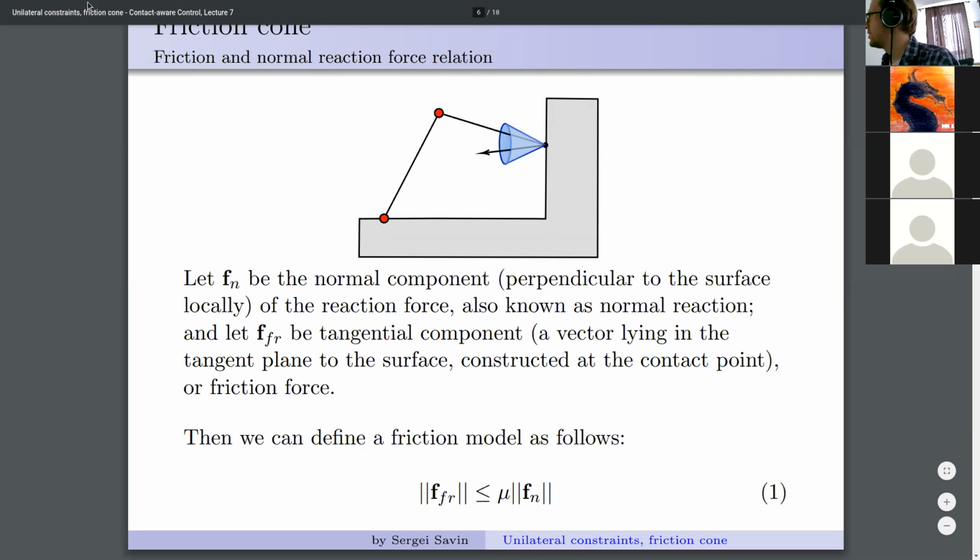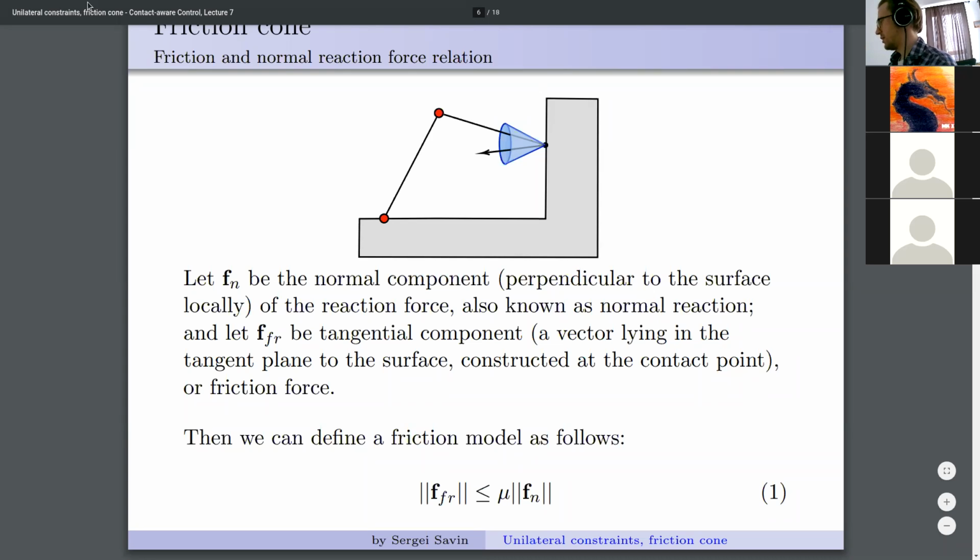Really? No one remembers? Okay, maybe not this form, but you probably saw that the maximum value of friction force is the normal reaction force as a scalar times the friction coefficient. Anyway, if you didn't see it, you see it now, so it's okay.